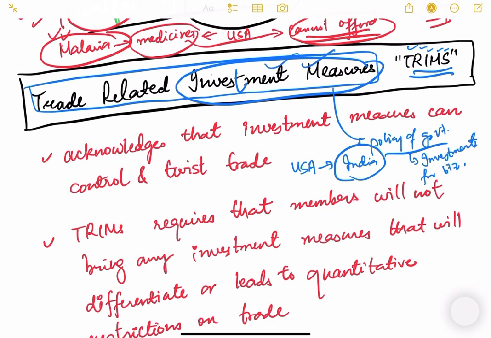So it is not strictly the FDI policy, it is not the investment policy, but it is an investment measure, meaning it is a small requirement that a particular company or manufacturer should fulfill. And whenever these investment measures are affecting international trade, the exports and imports, they are known as trade related investment measures. We will look at examples of that.